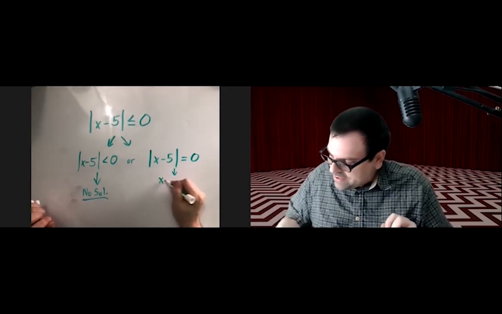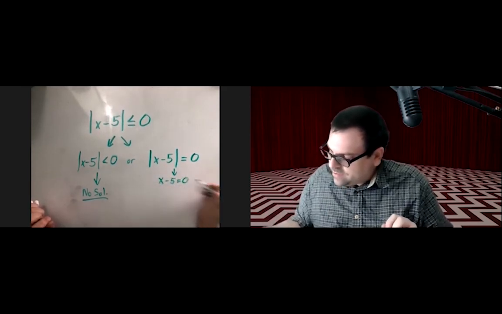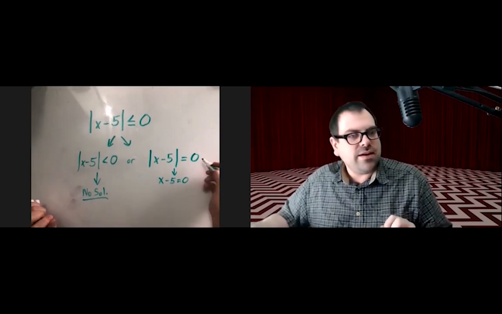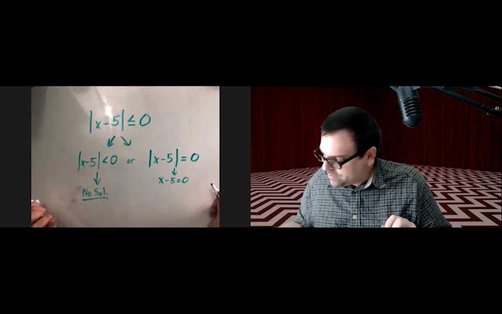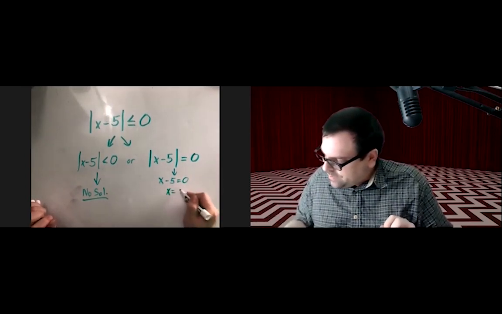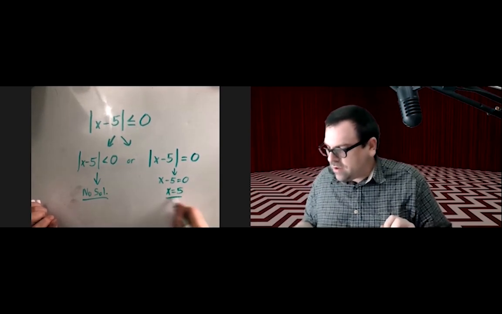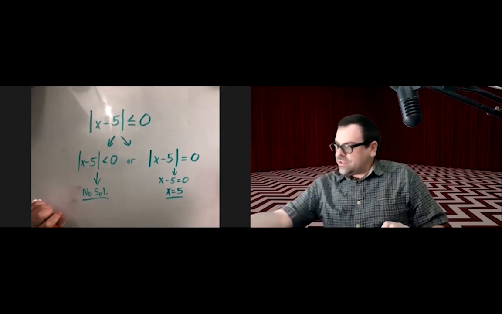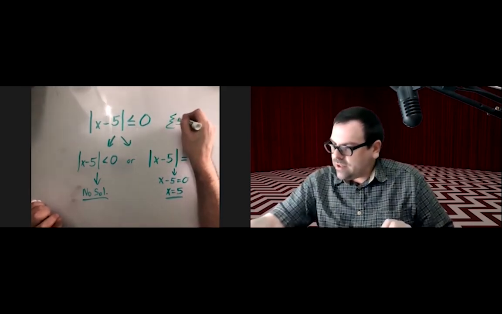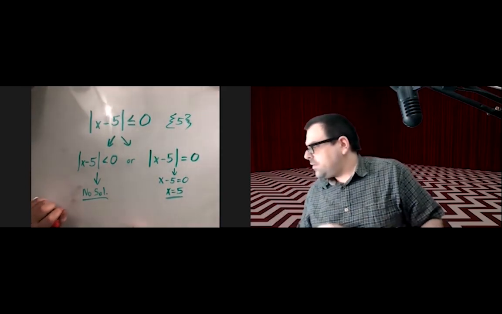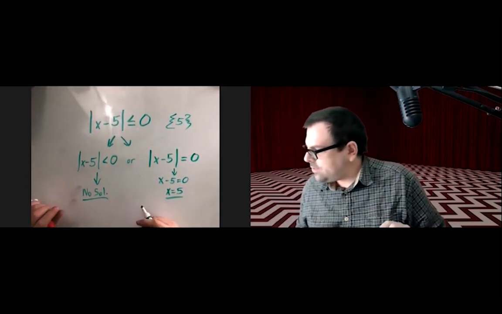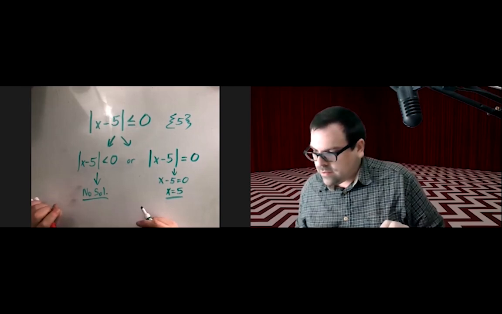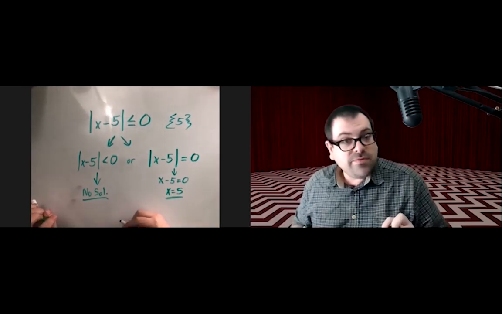Well, that's the same as x minus 5 equals 0, because there's no positive negative version to split this up into. So x equals 5 is our only answer. So the solution set would just be the set with the element 5.